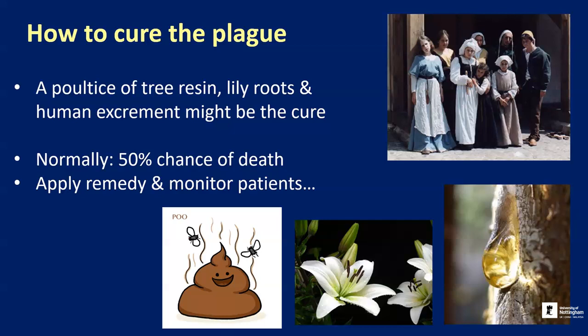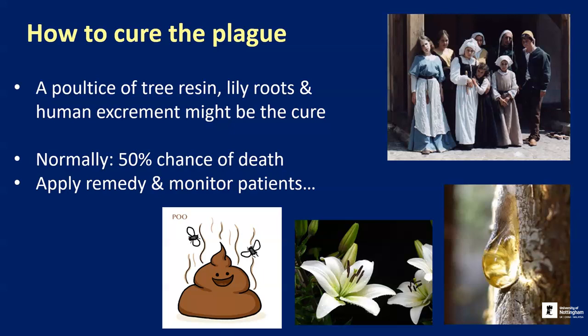But this is an immensely difficult problem, especially when you're working in the Middle Ages and you don't have access to any of the information that we do now about how a disease like the plague might be caused. So the typical thing that people tried was to treat patients who were showing these horrible welts of the disease, getting sick, with something that might lessen the symptoms or cure the disease.